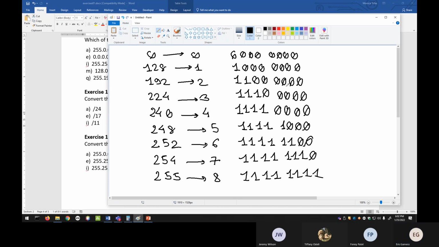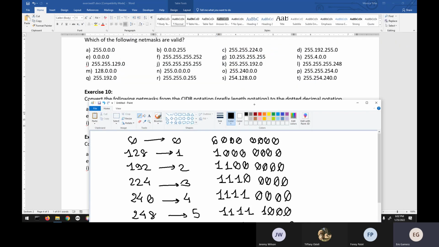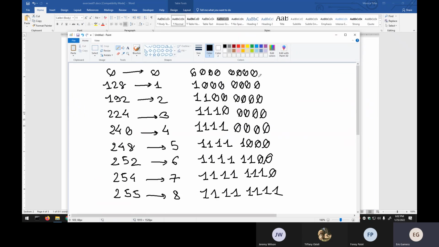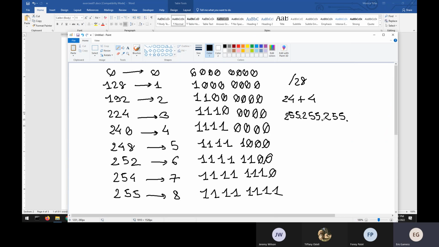So the example that we were seeing is /28. So /28 is 24 plus 4. So 255 is 8. 255 is another 8, isn't it? Then a third 255 is another 8. So up to now, I have 24.